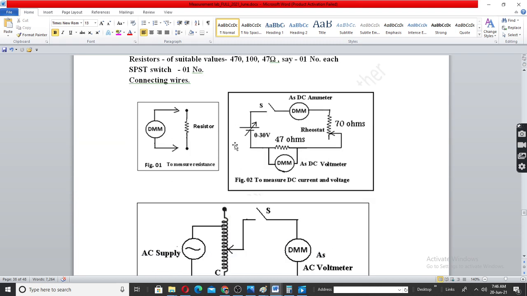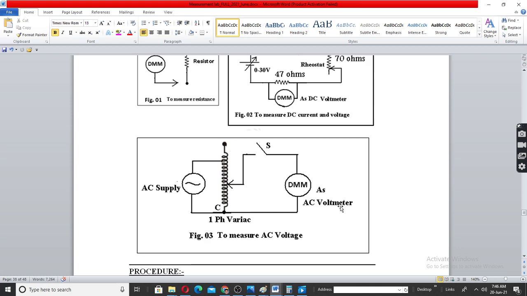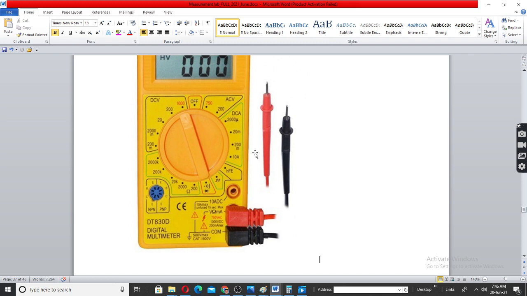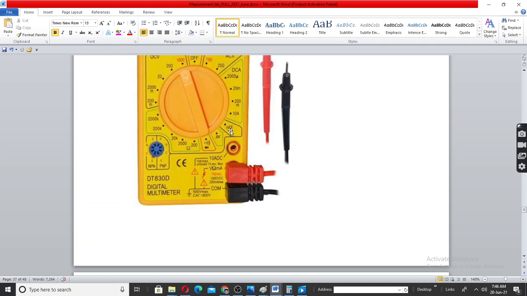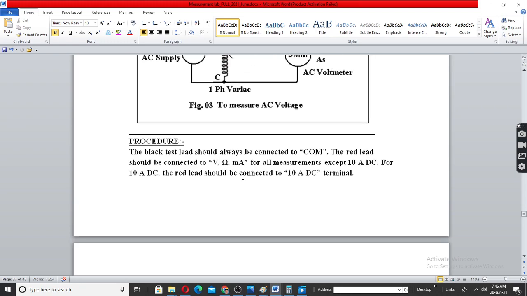So these are the circuits for measuring resistance, DC voltmeter and DC ammeter, and also for AC voltmeter. There is no AC ammeter in this multimeter because it is very cheap. So that facility is not given here.